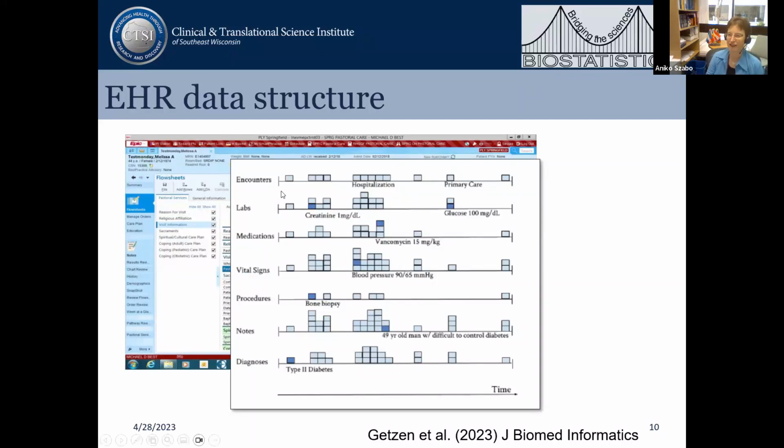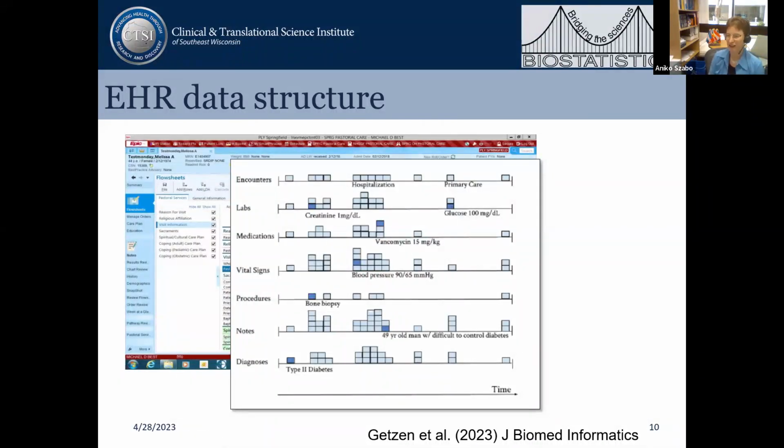So we have various types of records within the EHR: encounters, labs, medications, vital signs, procedures, diagnoses. As time progresses, they are these little boxes that I was showing in the previous slide.